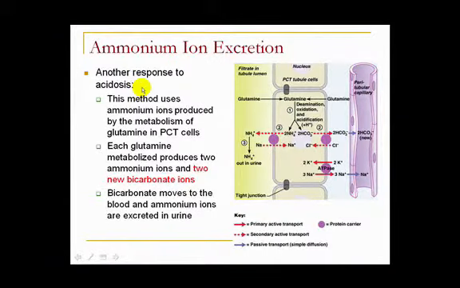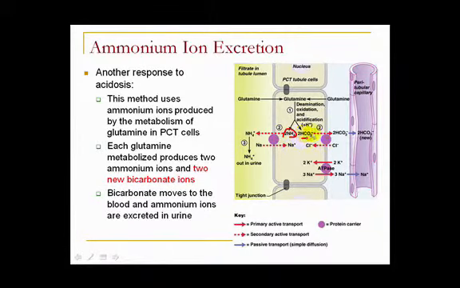Another way you can produce new bicarbonate is to actually use amino acids. So the amino acid, for example, glutamine, can be metabolized to produce 2 ammonium molecules and 2 bicarbonates.